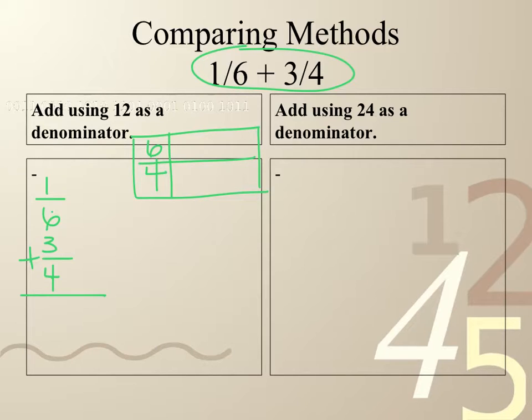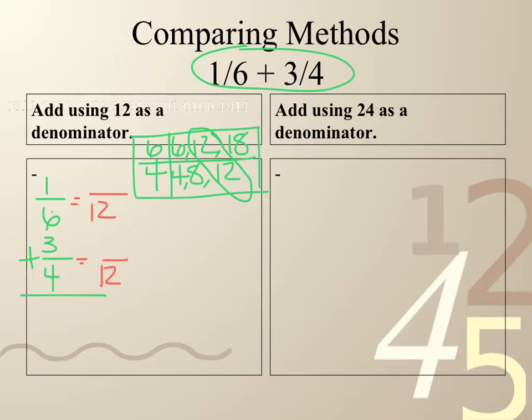I know the first multiple of 6 is 6, then we go to 12, then 18, and I'm going to stop there and just see if that's enough. 4 times 1 is 4, 4 times 2 is 8, 4 times 3 is 12. As soon as I see a number that's in both lists, I know that that is the least common multiple, and that is what I'll use for my common denominator.